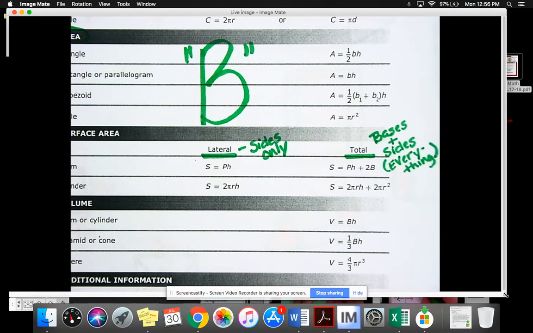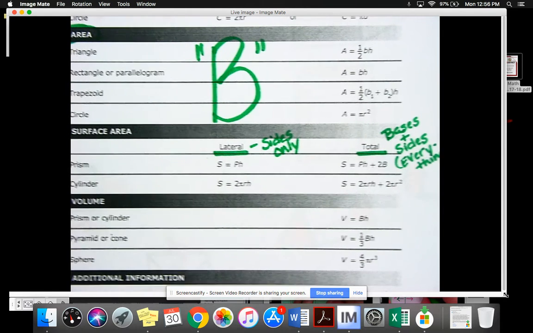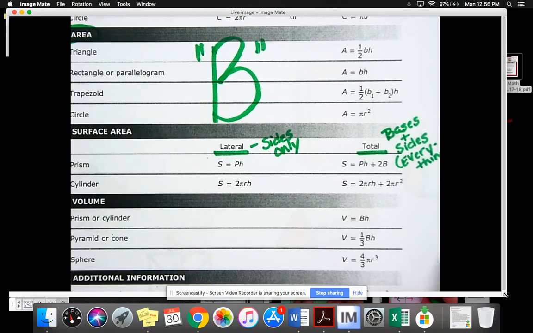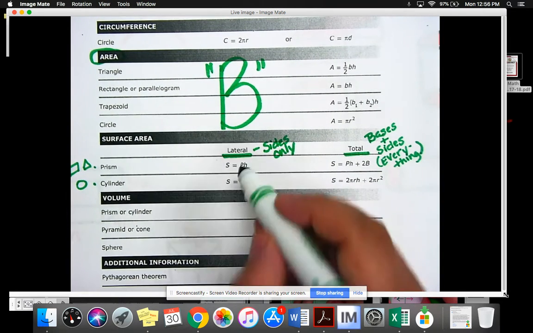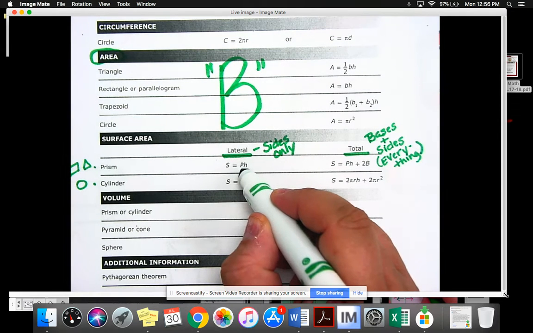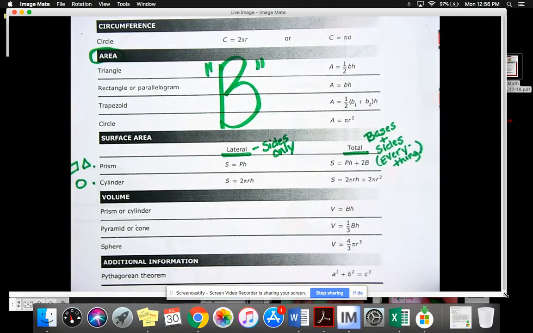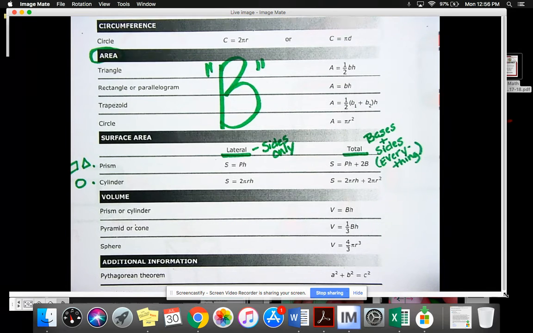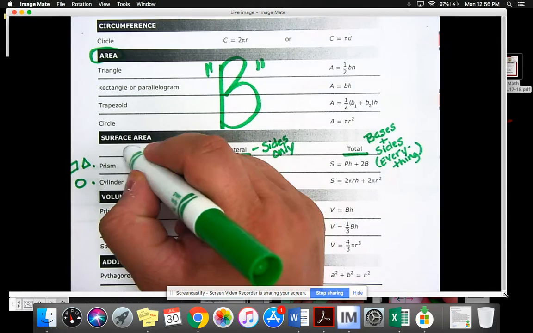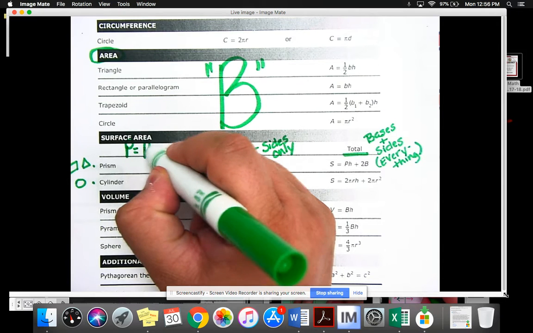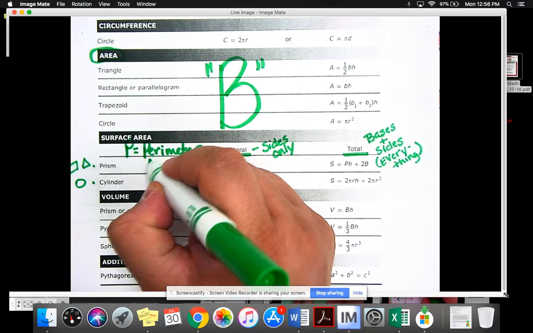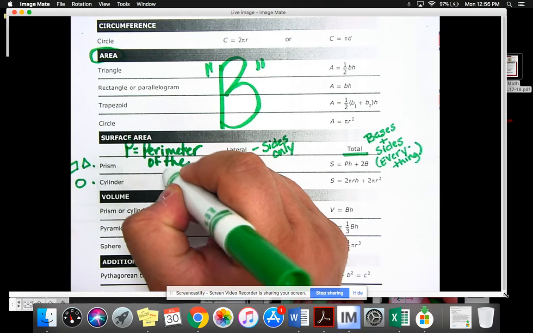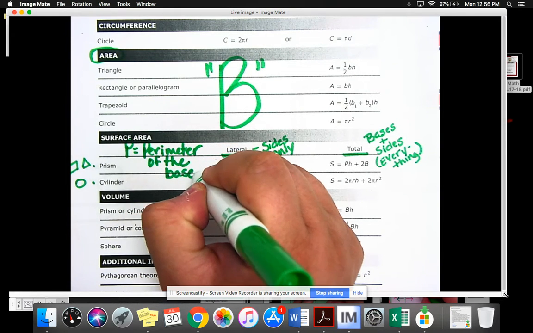So we're going to go ahead and go on to your notes. I'm going to take off this formula chart. Ooh, I forgot one big thing, and I'll put it on the notes page. If you notice, there's another letter here that we haven't really worked with, and it's P, not just any P, it's big P. Big P is perimeter of the base.